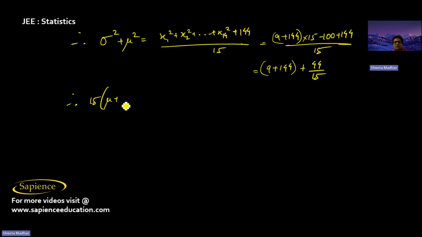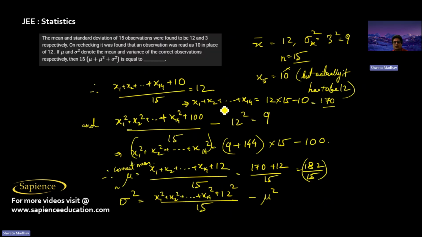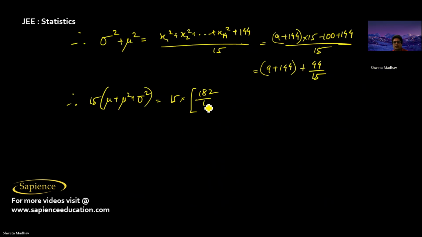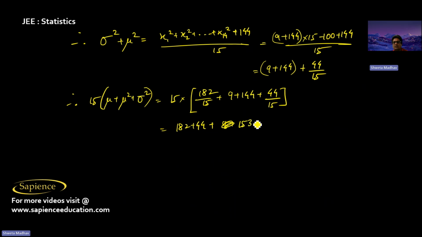So therefore 15 into mu plus mu square plus sigma square will be equal to 15 into mu, that is 182 by 15, plus 9 plus 144 plus 44 by 15. So this will be 182 plus 44, that is 226, plus 9 plus 144, that is 153, into 15.